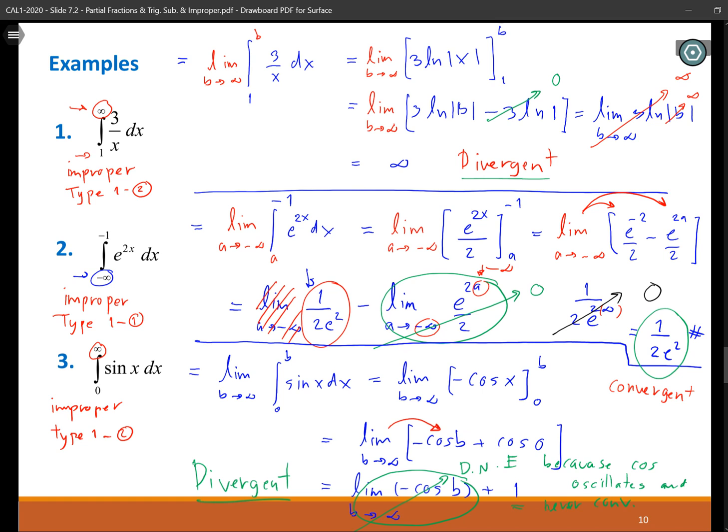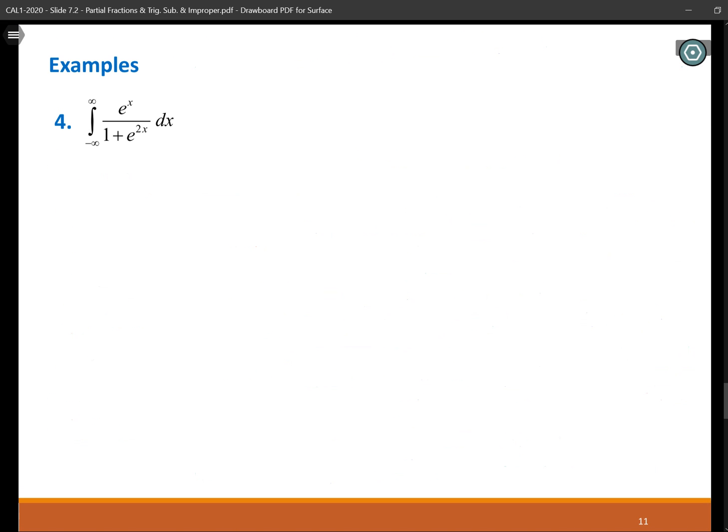Okay. Now let's take a look at one more, and that is example 4. It's going to be the hardest of these examples. Okay, let's take a look right here. So here we take a look at this integral, and we can see that we have a problem with this integral because the lower bound is minus infinity and the upper bound is infinity.